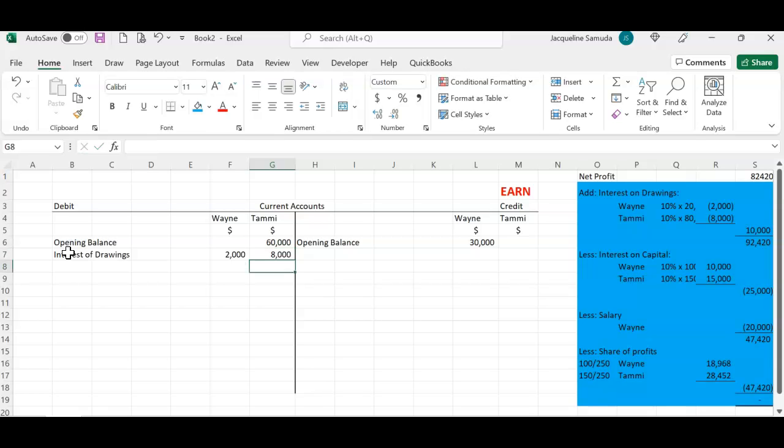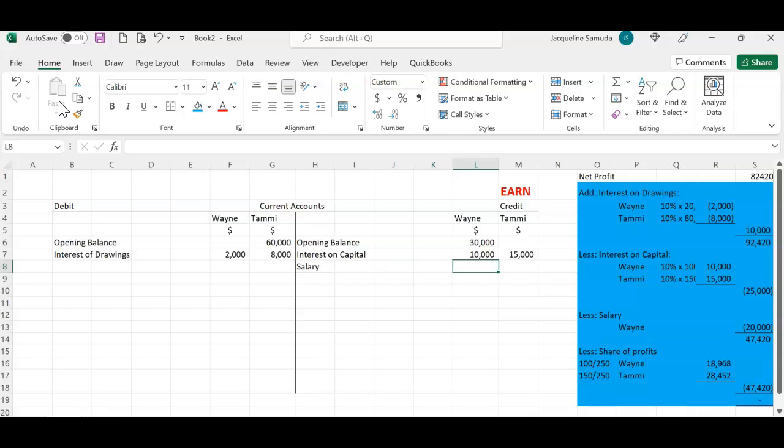Now, interest on capital is the first thing that they earned as partners. They earn that money. So it's taken out, it's less from the profits and transferred here. So Wayne earned 10,000. Tammi earned 15,000. Now Wayne also earned some extra money as salary. Tammi didn't.